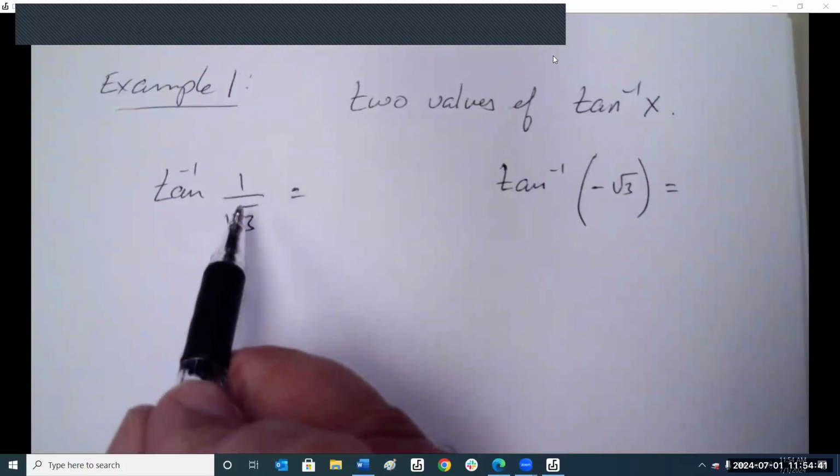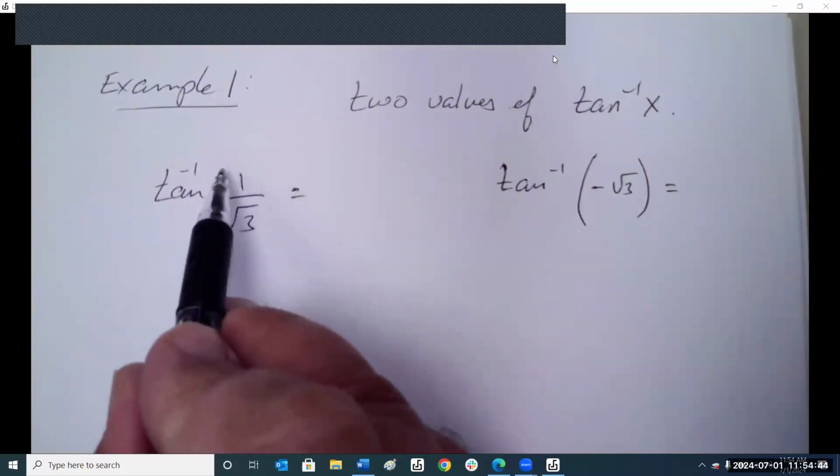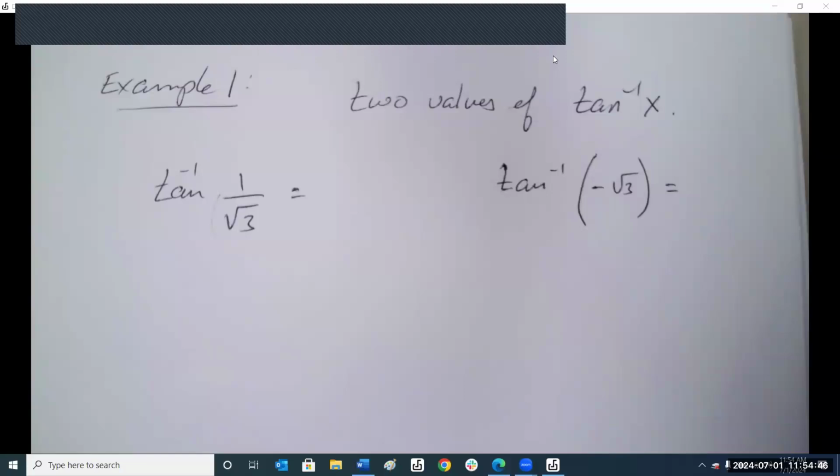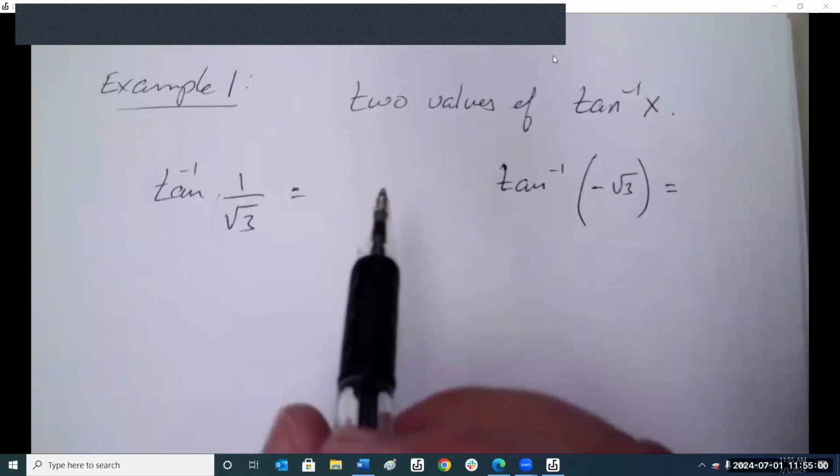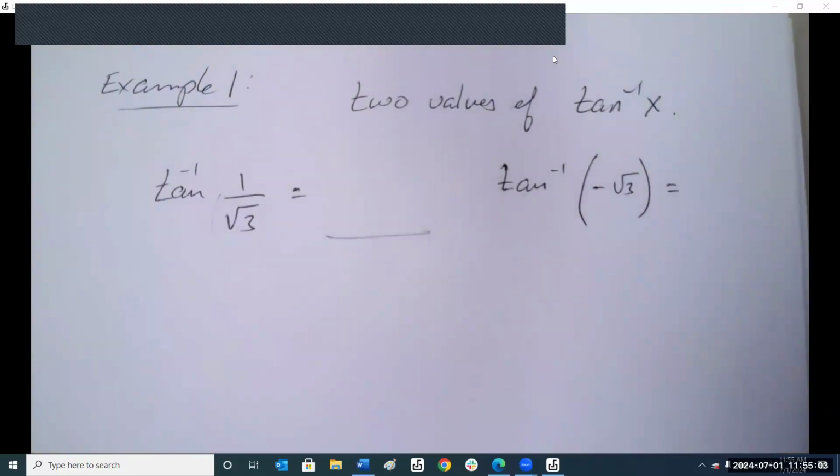So what angle gives me this as a solution? You don't have to write that question down. I'm asking you in general. You have it right here.